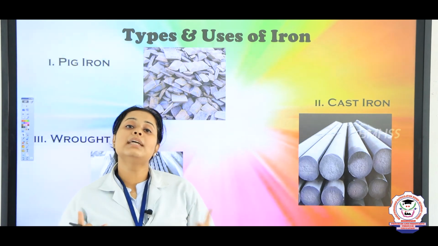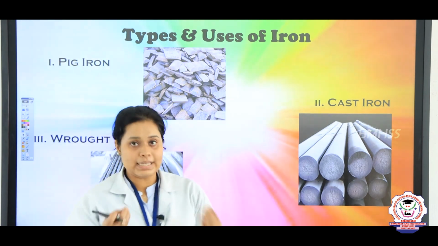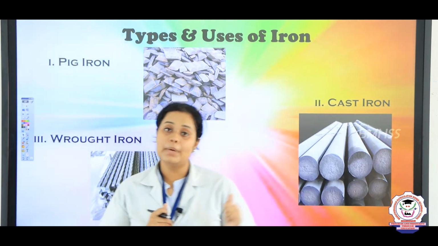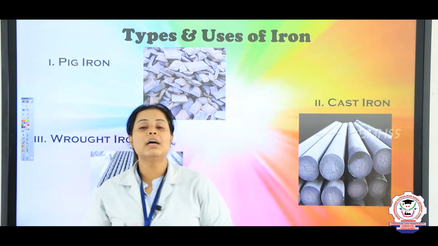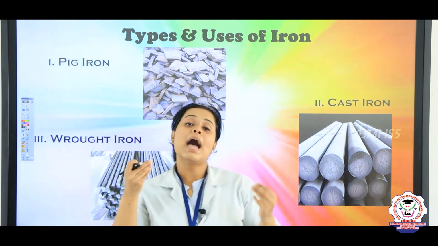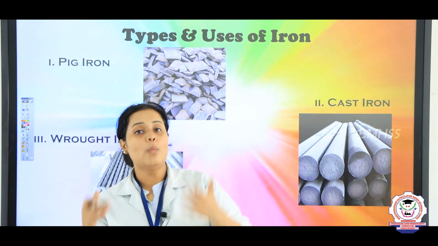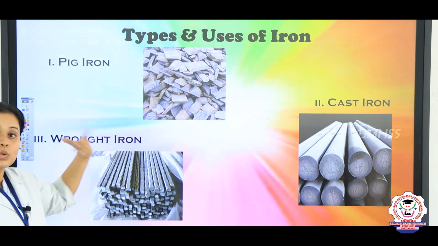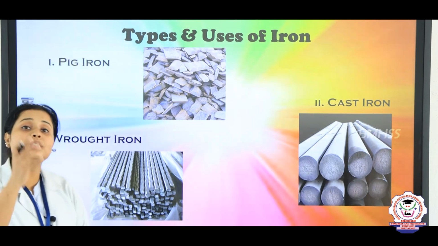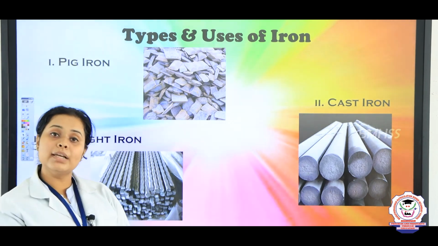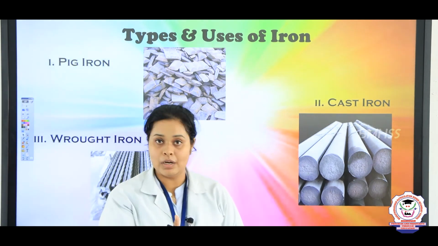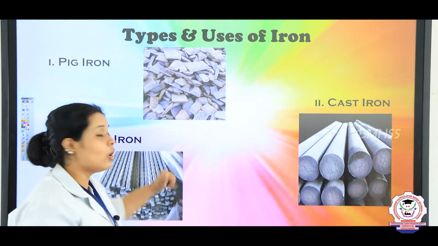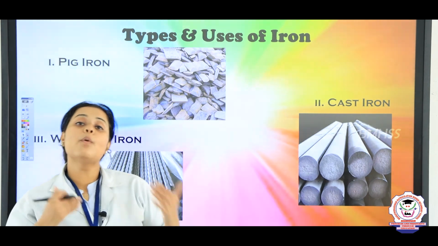So children, cast iron is an iron in which again carbon is present, but this can be used to make different kinds of substances, and even this can be used to make vessels. See children, there is an importance in wrought iron. So here wrought iron means it is the purest form of iron which is combining with the purest form of carbon. Okay? And this can be also used to make electromagnets.